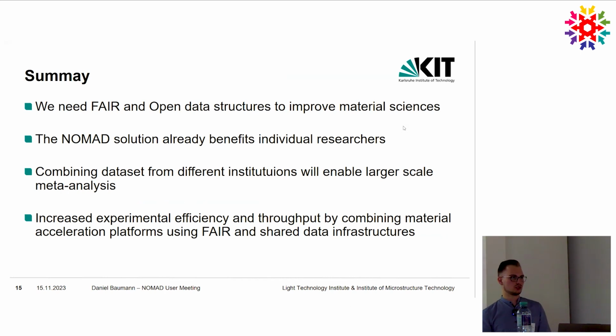The NOMAD solution, while still under development, can already benefit individual researchers like myself, but the true power will only unleash if many people start using it and we can combine data sets from different institutions, for example, the research groups that I mentioned earlier.